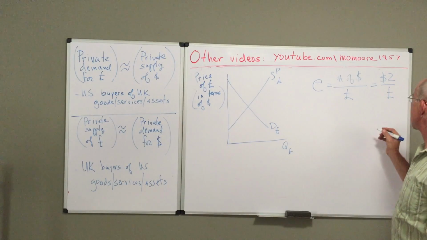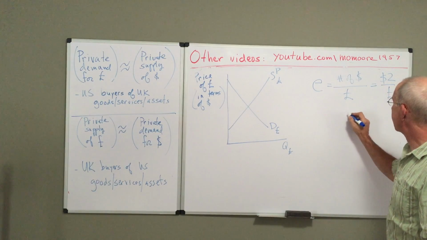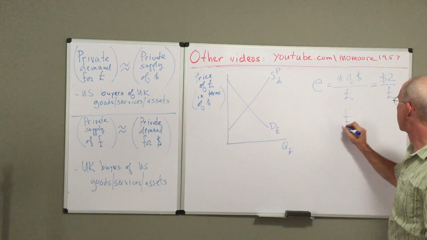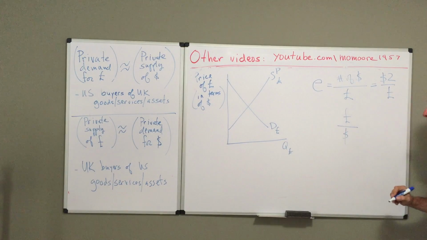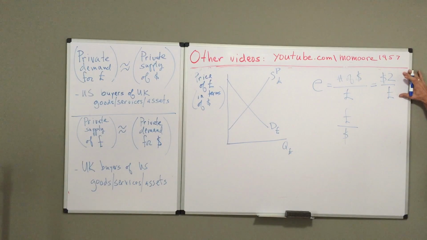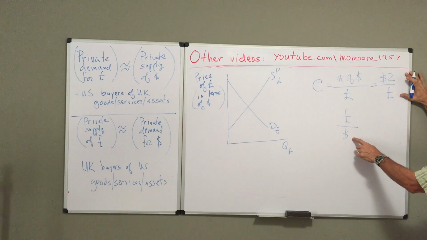Now, sometimes people get confused about exchange rates, and they might use pounds per dollar instead. Now, this exchange rate expressed this way is how many pounds it takes to buy a dollar.